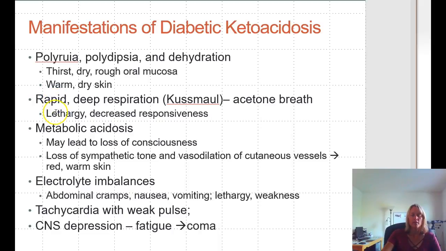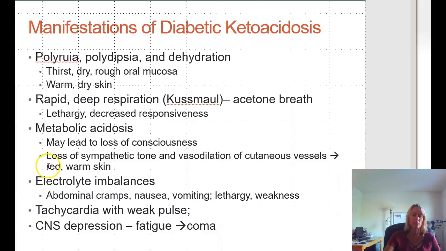You're going to get rapid, deep respiration, the Kussmaul's respiration, acetone breath related to the keto acids. We're going to see lethargy and decreased responsiveness due to that acidosis. And this could lead to loss of consciousness, loss of sympathetic tone, and vasodilation.